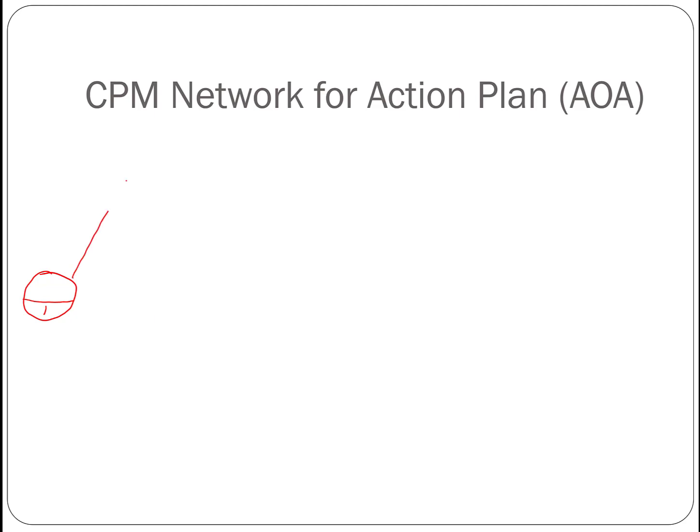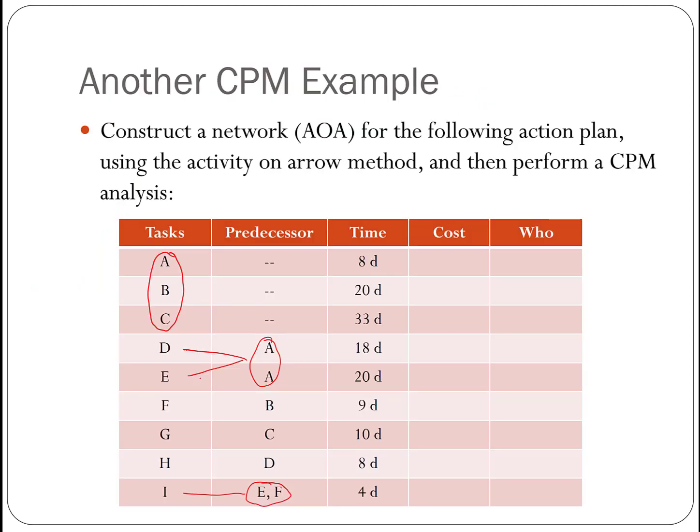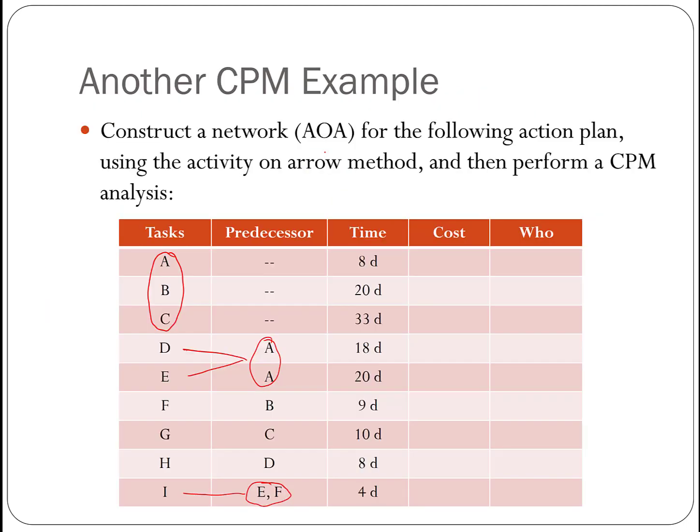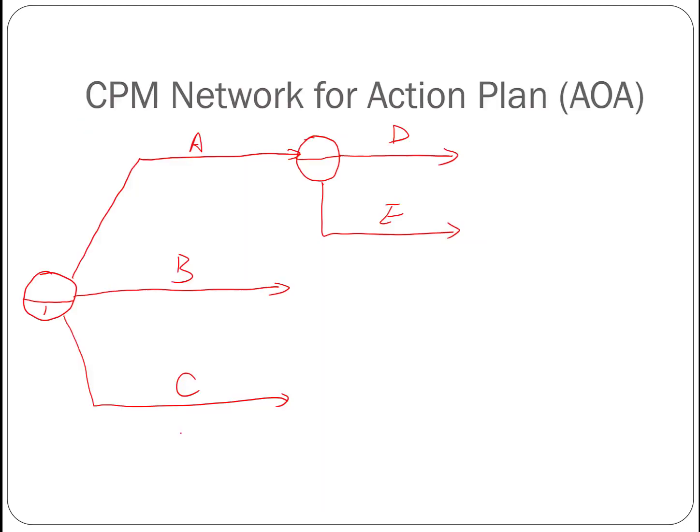And from this node, we're going to have three activities: A, B, and C. Recall that A is the predecessor of both D and E. So we're going to have a node after A, then D and E both come out of this node after A. Then B is a predecessor of F. C is a predecessor of G. So after B, we're going to have F. After C, we're going to have G.